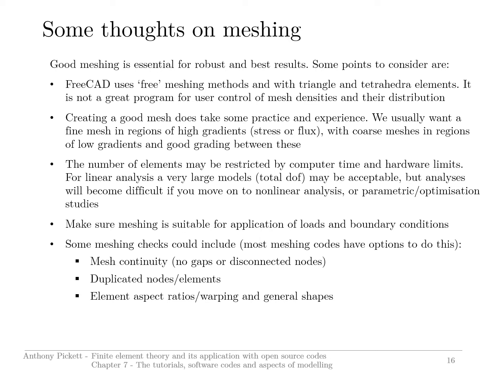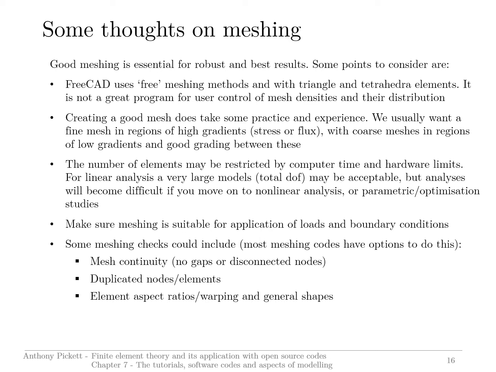It is often almost impossible to avoid some distorted elements in a problem, but they shouldn't be excessive, and ideally they shouldn't be in the areas that are critical, meaning the areas where you're really looking for good results. FreeCAD does use this free meshing technique with either triangles for 2D problems or tetrahedra for 3D problems.